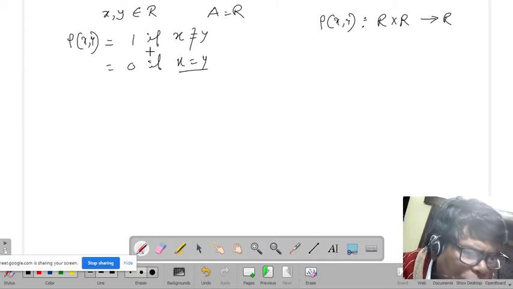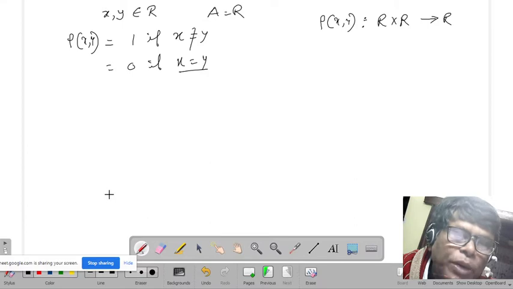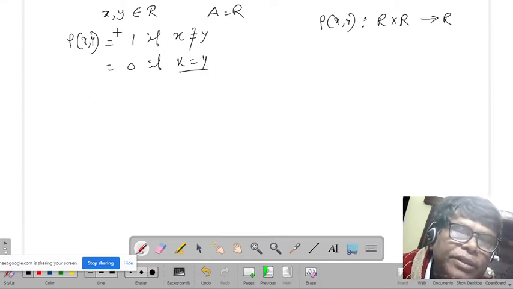So all these properties hold for this metric, if x, y belong to R.